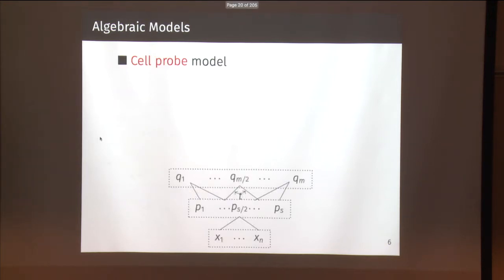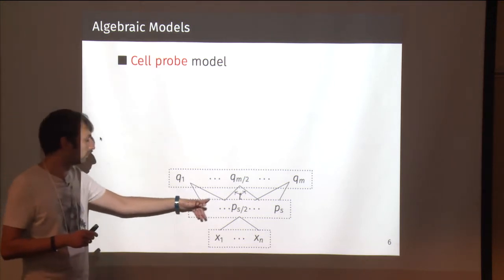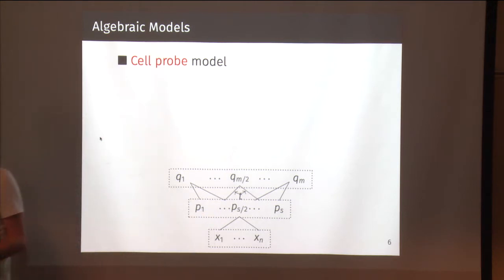Okay, so that's what we're not doing in this talk. What we're doing is we're looking at different computational models. So the first model is the cell probe model. Here the running time, the query time, is measured just by the number of memory cells you're reading. This seems to be the strongest model. Once you prove a lower bound here, then probably it applies to all reasonable, all realistic models of data structures. But possibly because this model is so strong, we can't prove very strong lower bounds either.